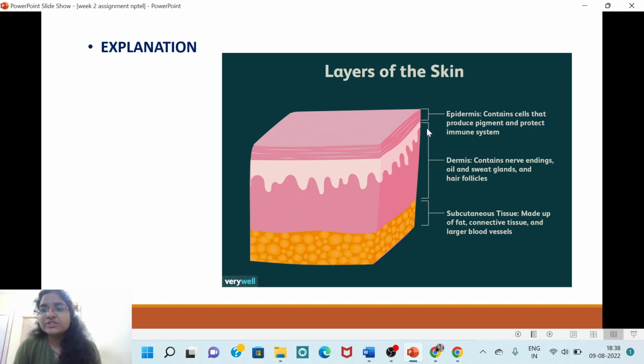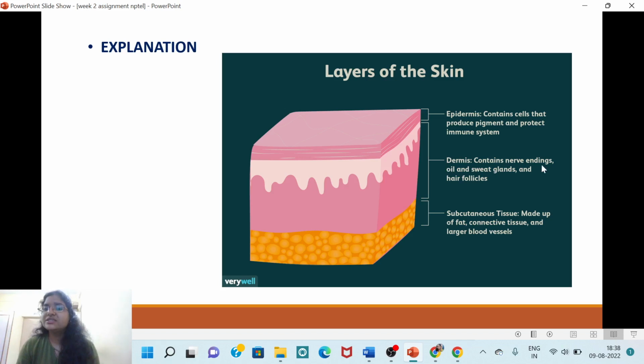The outermost layer of our skin is epidermis, which contains cells that produce pigment and protect our immune system, right? And the layer after the epidermis is called the dermis, as we can see here, and it is the thickest layer of the skin, and epidermis is the thinnest layer of the skin.